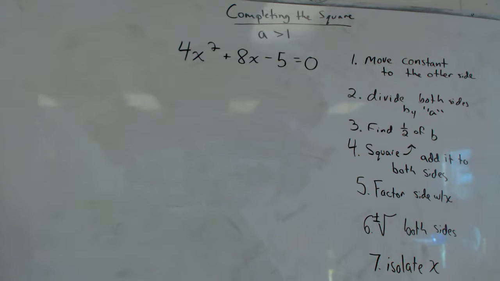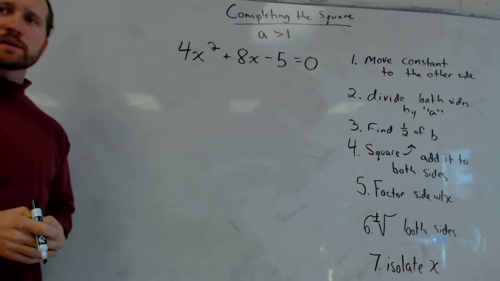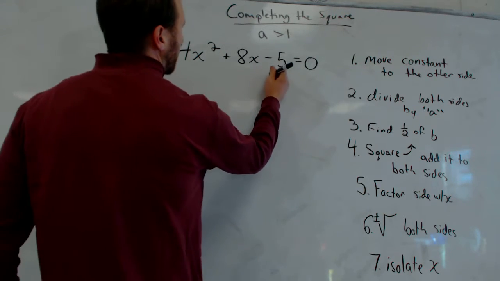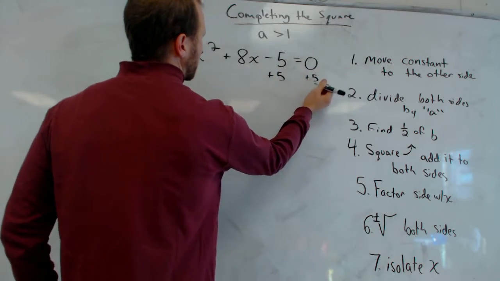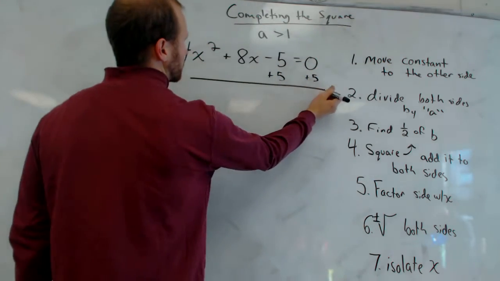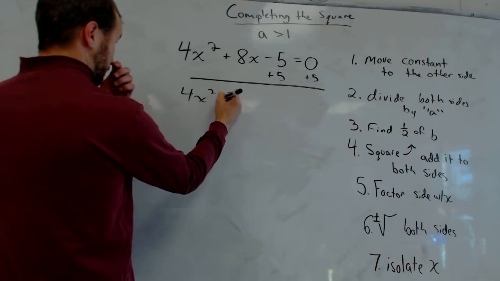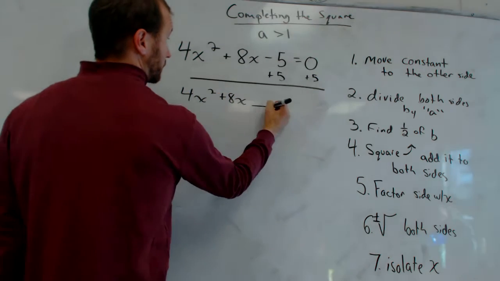Again, it's just this process. What is our first step? Add 5 to both sides. What do I get? 4x squared plus 8x blank equals 5.